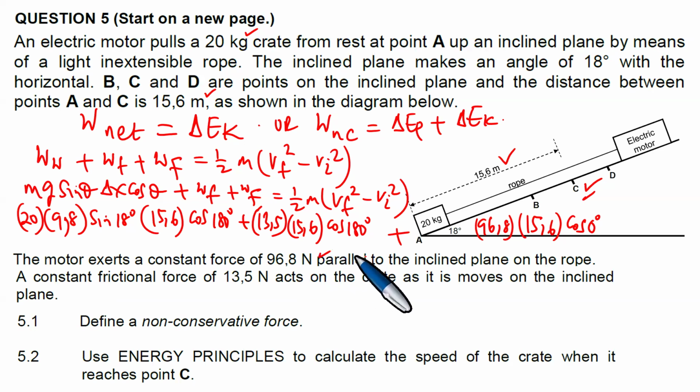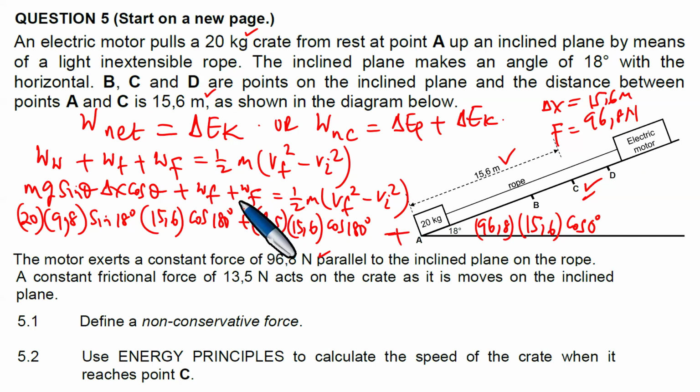So the applied force by the motor is 96,8 newtons, right? And the delta x is 15,6, in the same direction, so the angle between them is 0 degrees.